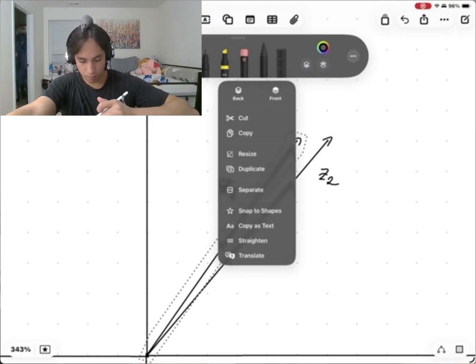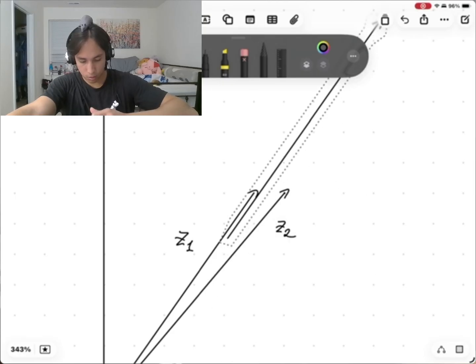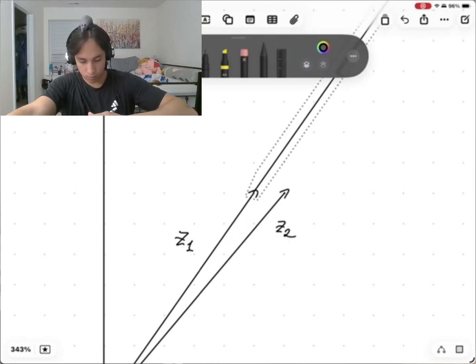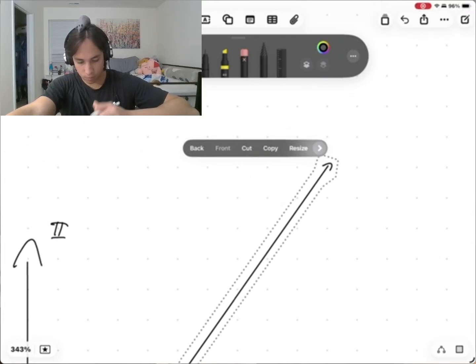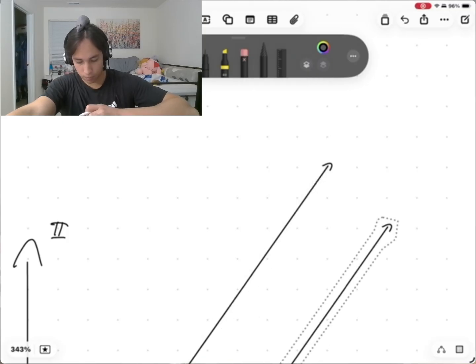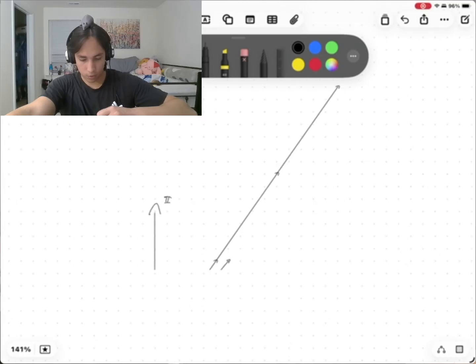That should be z1. Duplicate. There we go. Take the top as best as you can, and then duplicate again. Duplicate. There we go.